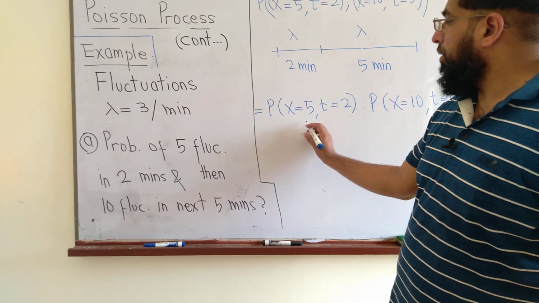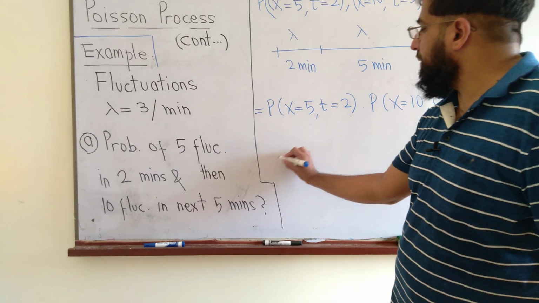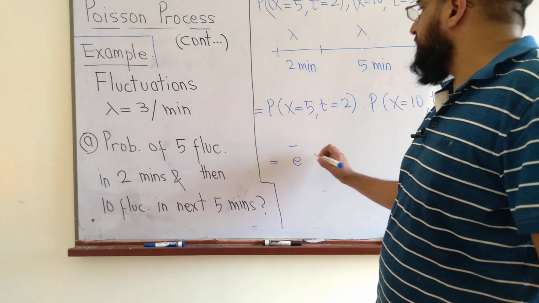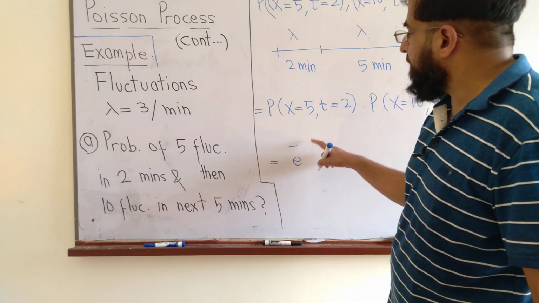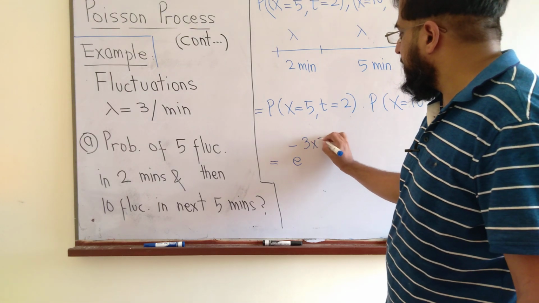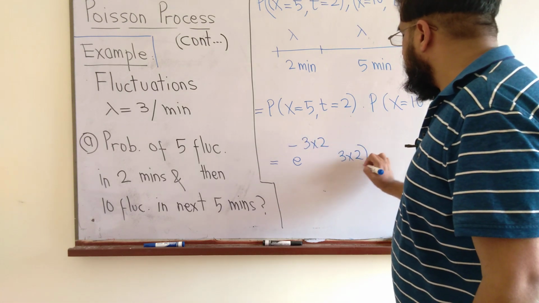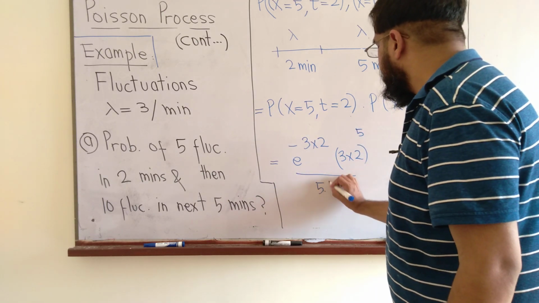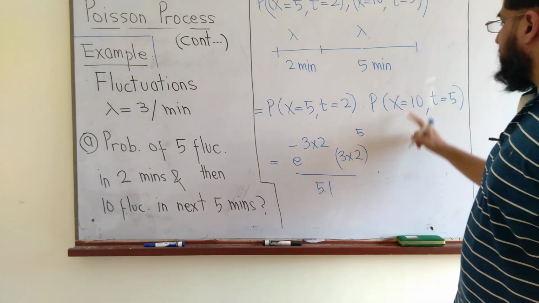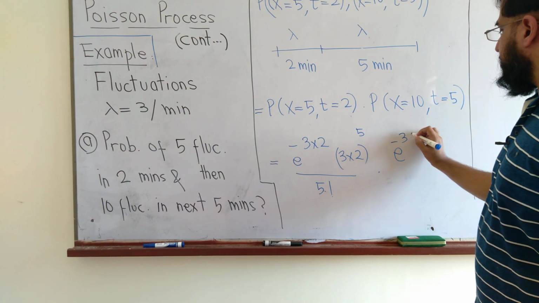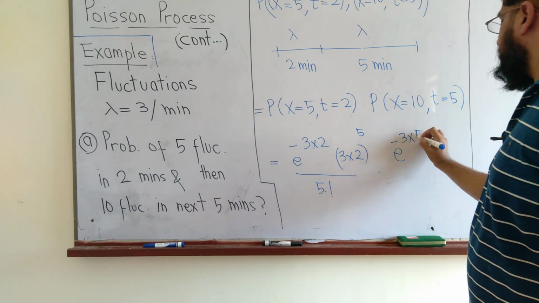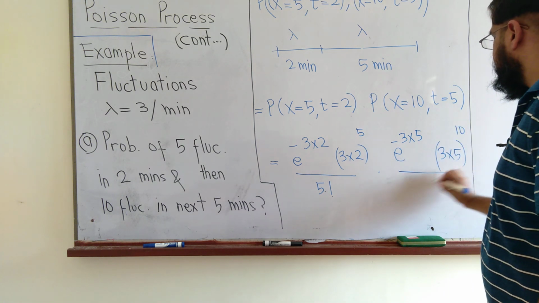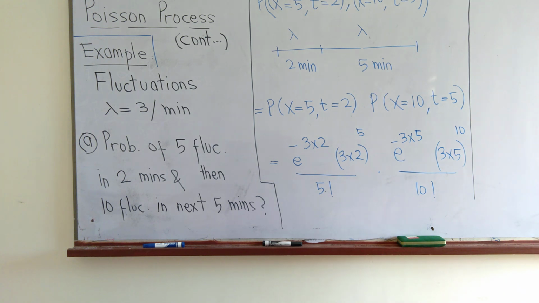So the probability of 5 fluctuations in 2 minutes follows the Poisson distribution, e to the minus lambda t, lambda t to the k over k factorial. Lambda is 3 times t is 2, so e to the minus 6, 6 to the 5 over 5 factorial, times e to the minus 15, 15 to the 10 over 10 factorial.